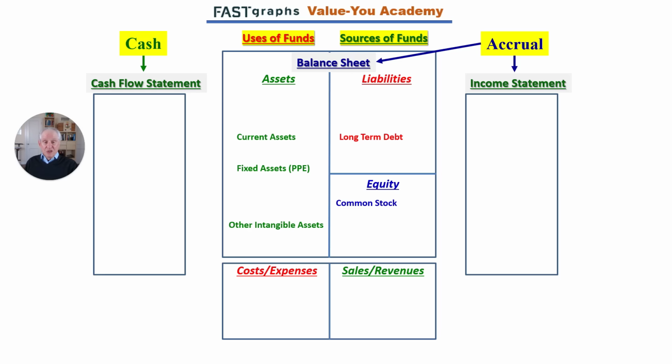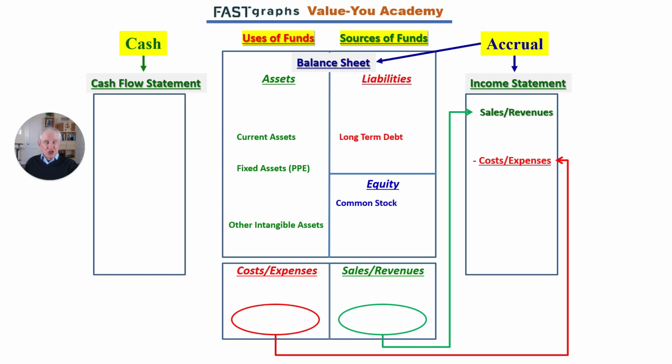We list the sales during that period, match in accrual-based accounting the costs and expenses incurred to generate those sales and revenue. And hopefully, if we're a good company, this is the key, we charge more for our products and services than the costs and expenses and make a profit in accrual.